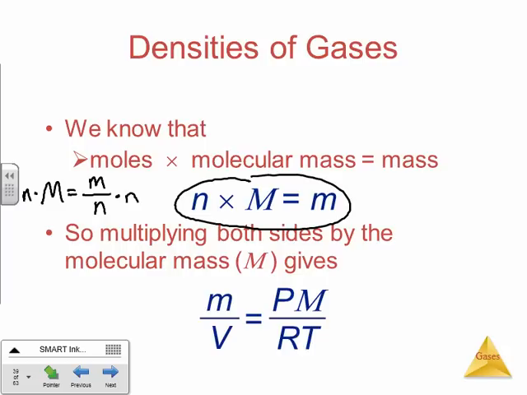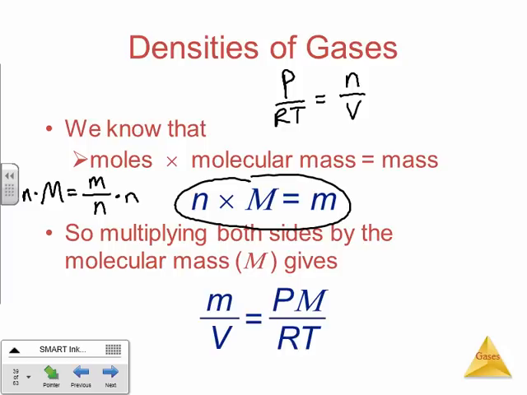And then what you can do is you can essentially substitute this in. We've got P over RT equals N over V, okay?